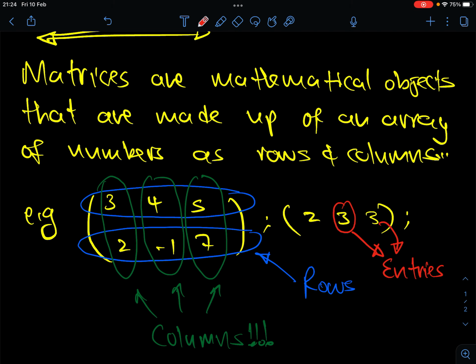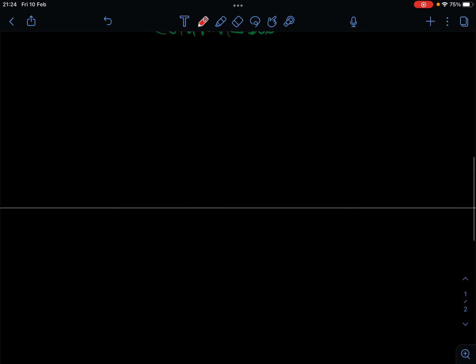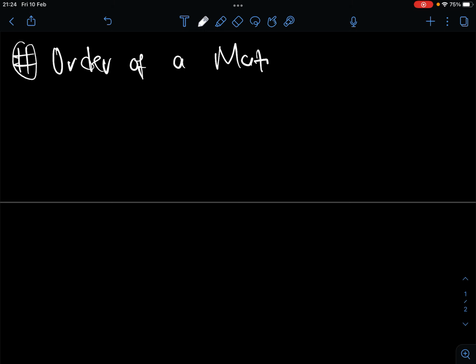Then the other thing that you should know is that when it comes to matrices, there is something which is called the concept of order. You see that? So there is something that is called the order of a matrix. This is very important also for you to make sure that you really understand it.